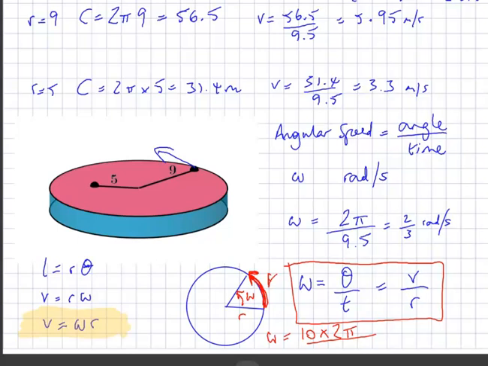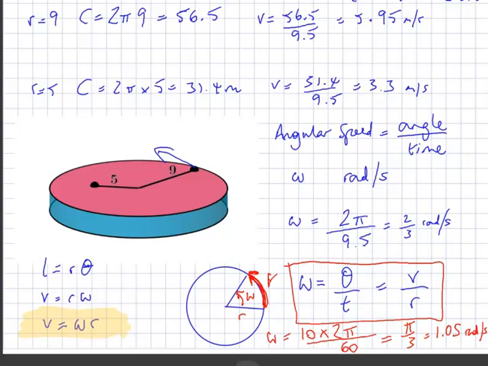Okay, so that's per 60 seconds. So if I do 10 times 2 pi divided by 60, that's 20 pi over 60 or pi over 3. And if you work that out on a calculator, it works out basically as 1.05 radians per second.